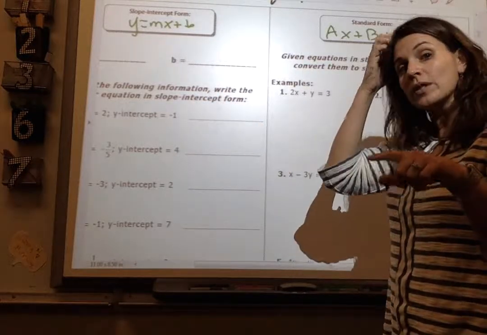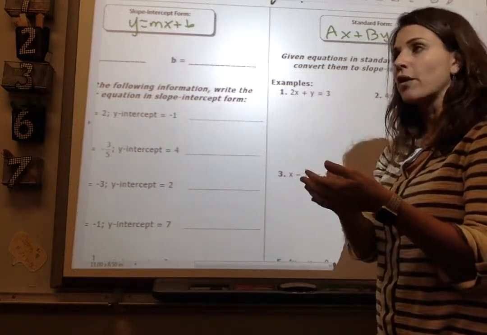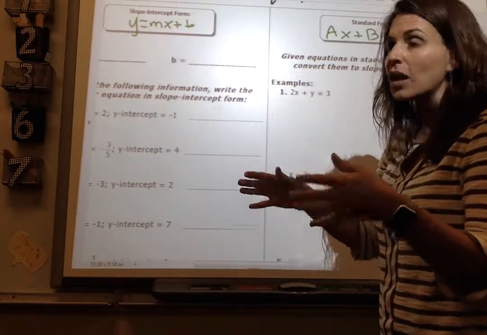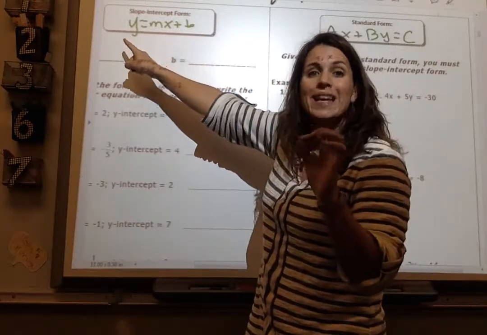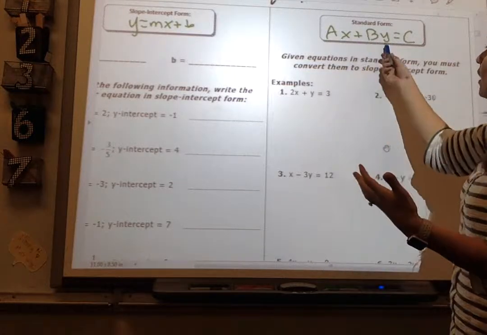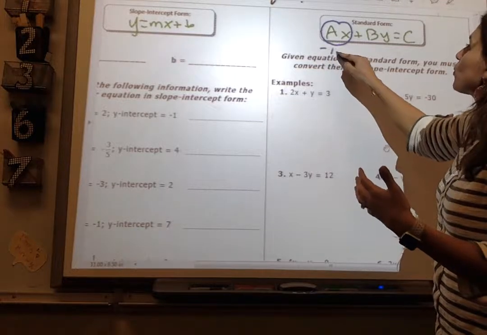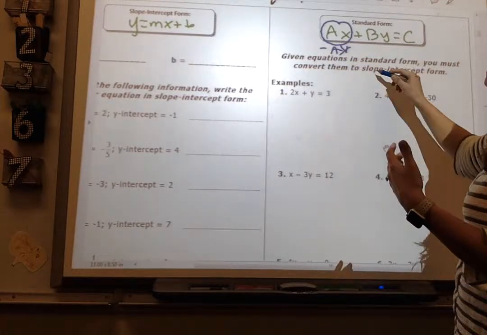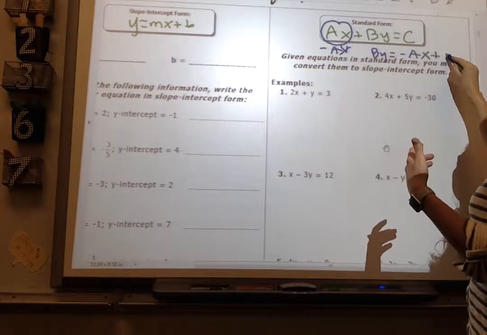Well, remember back when we did multivariate equations and we were isolating for a particular variable? That's all we're doing. We are now going to isolate for y because we need to get y by itself. So how do you get y by itself? To get rid of this whole term, you subtract ax on both sides, and then I get by equals negative ax plus c.